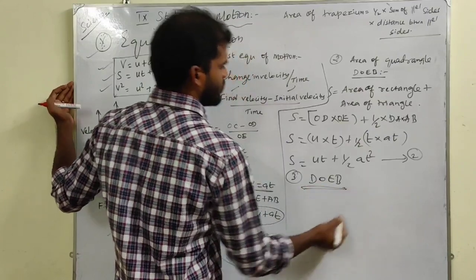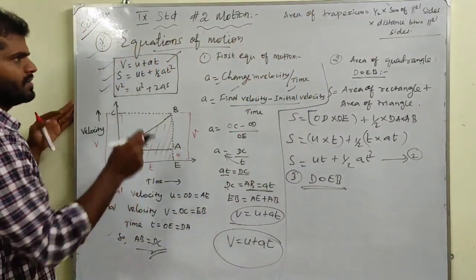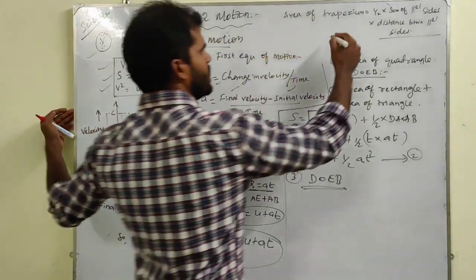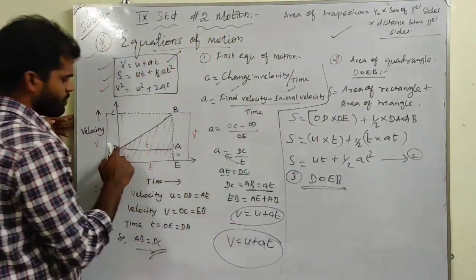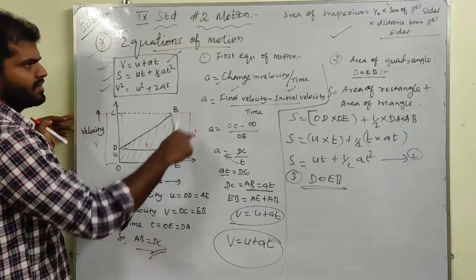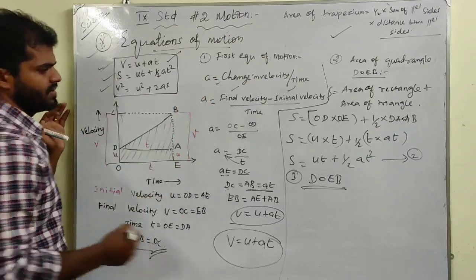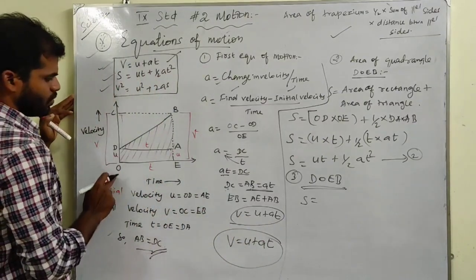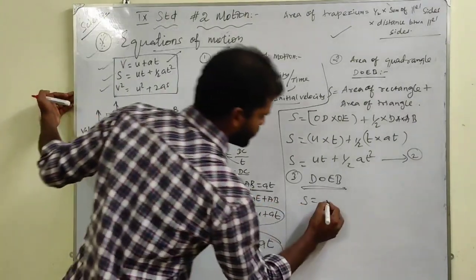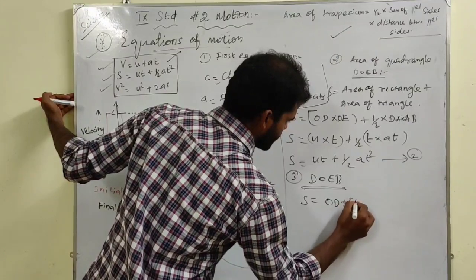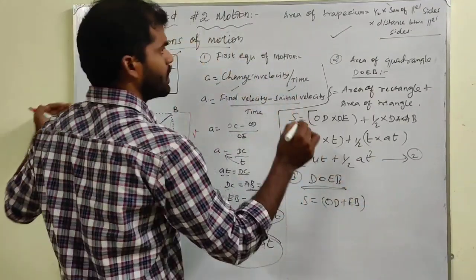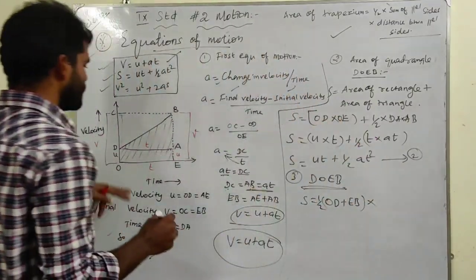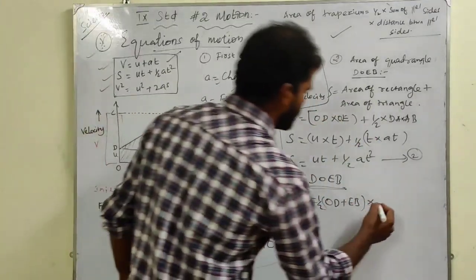So the third equation: the same area of quadrangle DOEB. For that I have told you it is called the area of trapezium. So we can take it as the area of trapezium, and we have the formula: half into the sum of parallel sides into the distance between the parallel sides. The sum of parallel sides is OD plus EB, then into half, then into the distance between the parallel sides, that is nothing but OE.